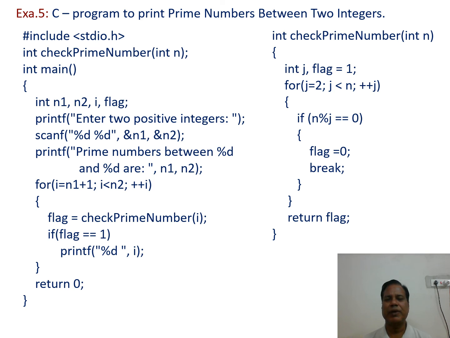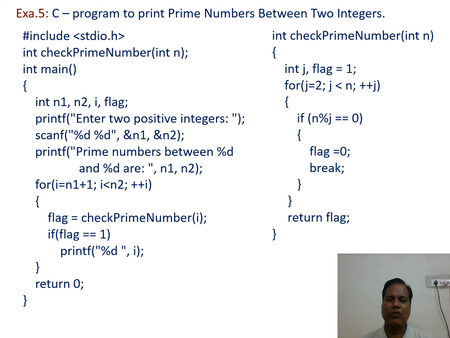Then the next statement is the looping statement. For i equal to n1 plus 1, that is a number greater than the smallest of the range. This value i is set as n1 plus 1. Then semicolon, i less than n2, i plus plus.